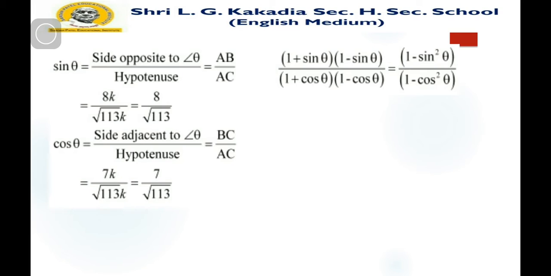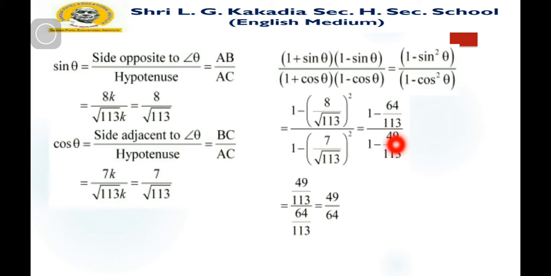Let me put the values: 1 minus 8 upon square root of 113 square, upon 1 minus 7 upon square root of 113 square. In that manner, we can find the value of this expression as 490 upon 64. Now the next value you can find by yourself.